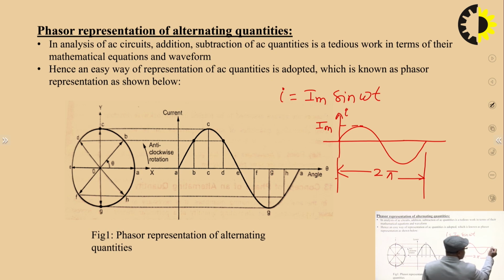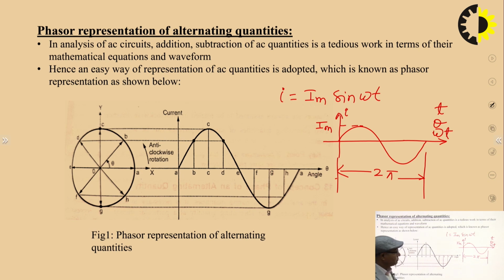This axis can be taken as θ or time t, where θ = ωt. Omega is the speed or angular frequency in radian per second. So this is the mathematical representation and the waveform of alternating quantities, and this AC quantity can be represented by a phasor.